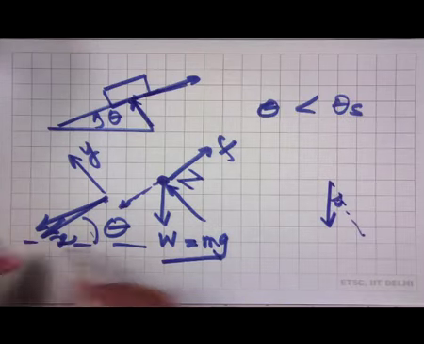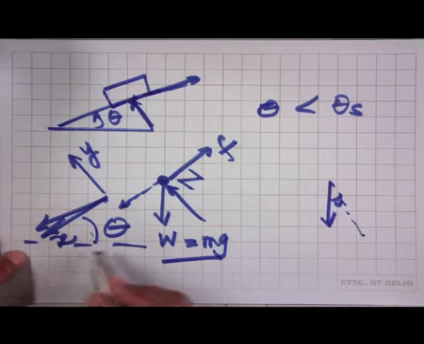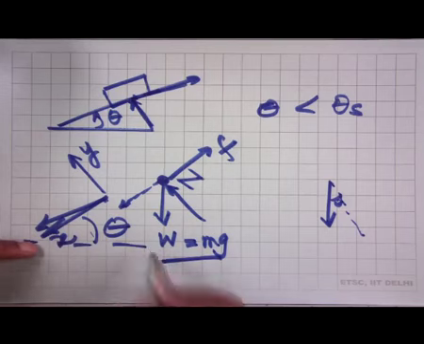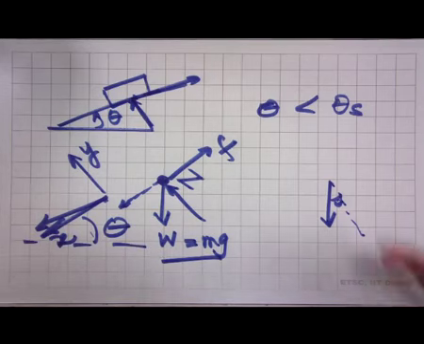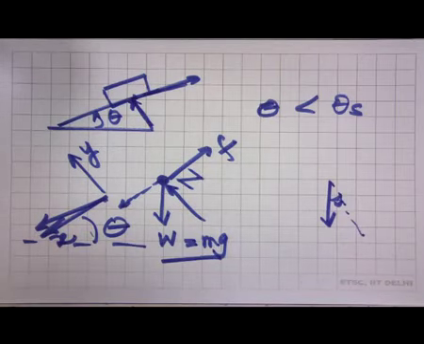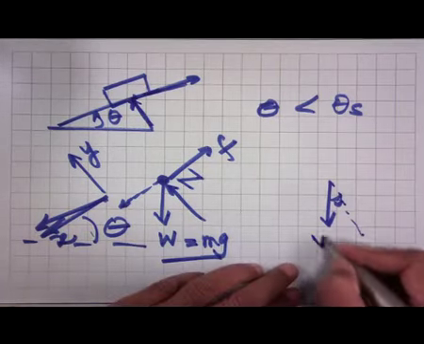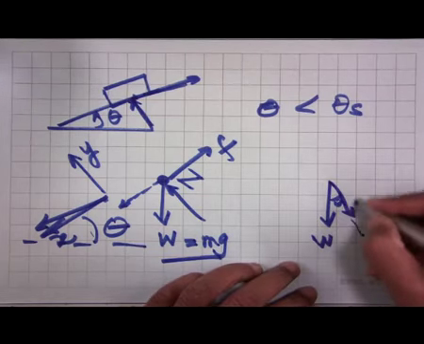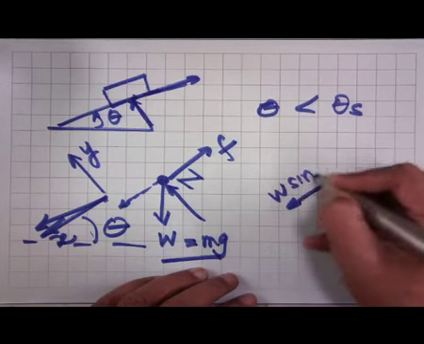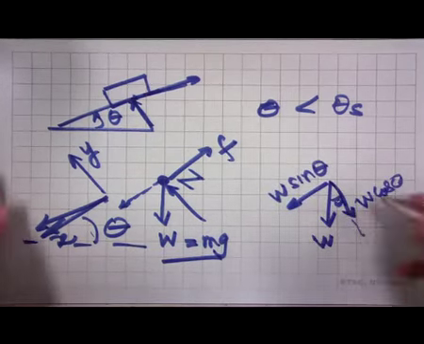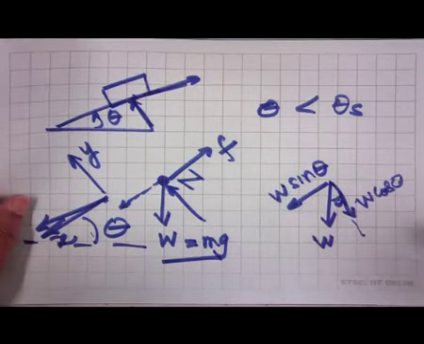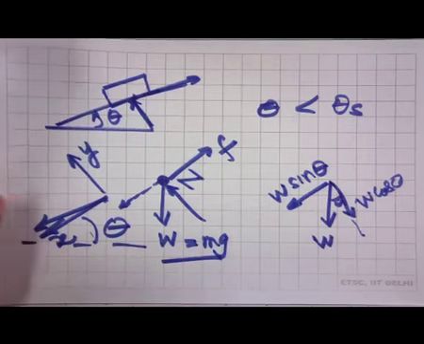The x direction makes an angle theta with the horizontal, and W is vertical, so it makes an angle theta with the direction perpendicular to the given x. So we can resolve W as W cos theta and W sin theta. Along the x direction, the component of W is W sin theta, and along the y direction the magnitude is W cos theta.